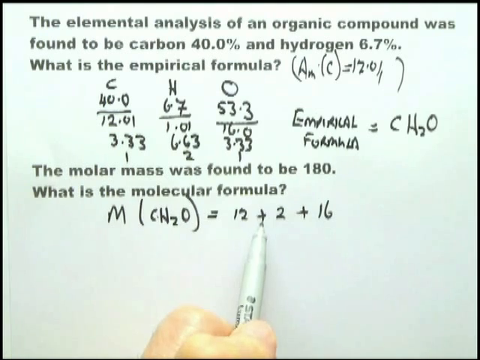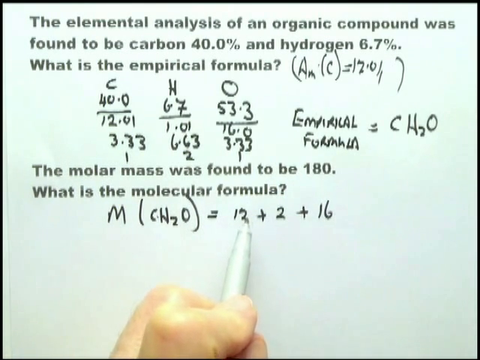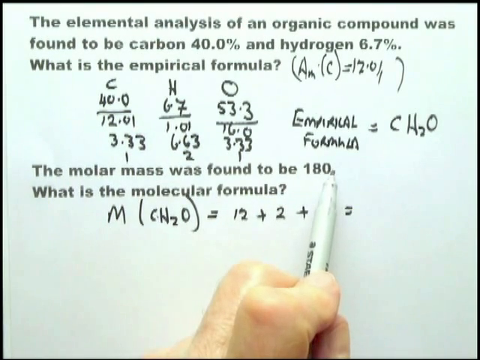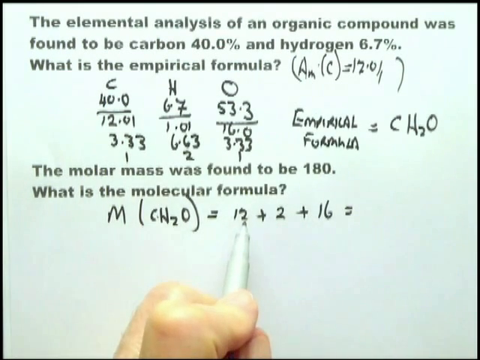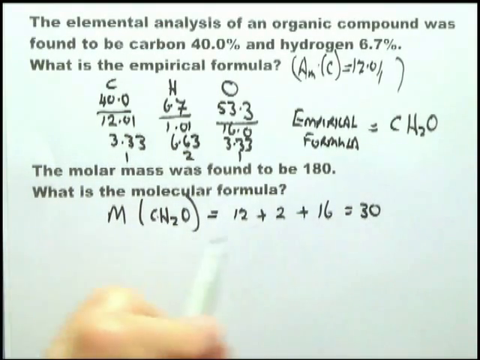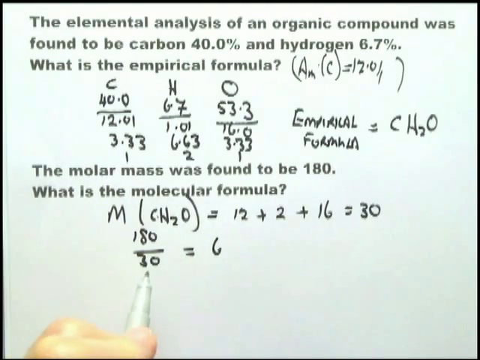In this situation, I would just keep to 12 for carbon and 1 for hydrogen, especially since they haven't given you anything after the decimal point. They've just said 180. So that comes to 30. Then take their 180 and divide it by 30, and you get 6.